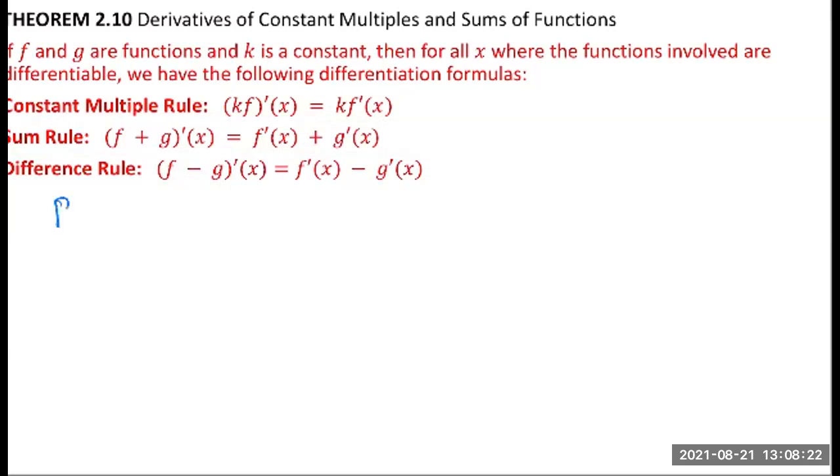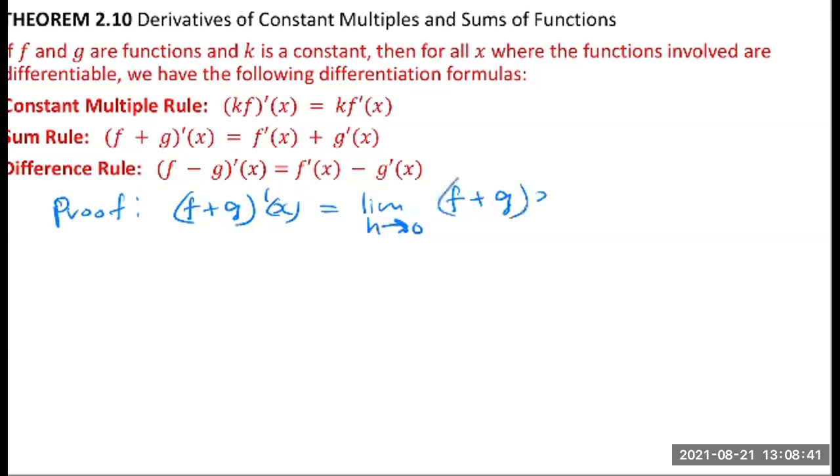Proof. By definition, (f plus g) prime of x is equal to the limit as h goes to 0 of (f plus g)(x plus h) minus (f plus g)(x), divided by h.